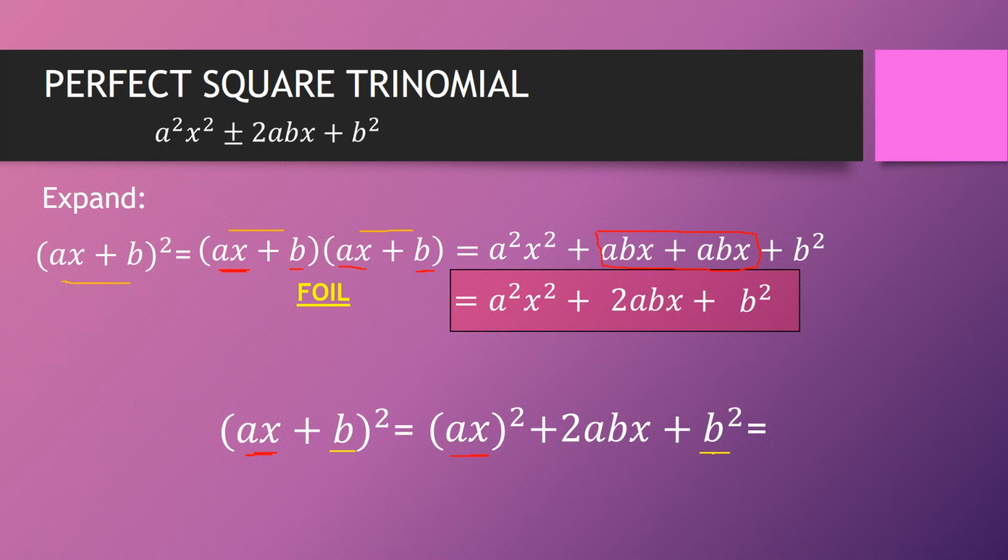The term in the middle is the product of ax times b times 2. And now you expand the expression.